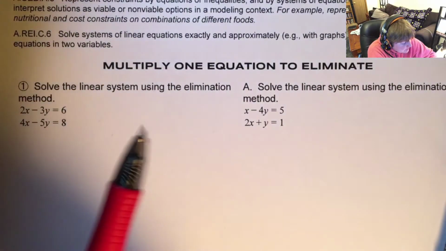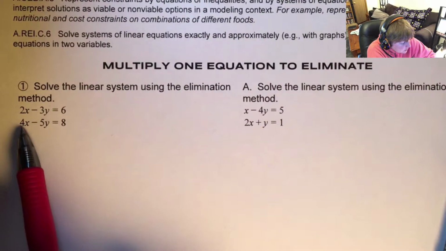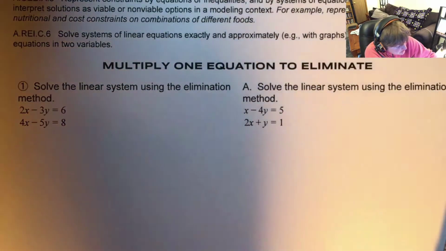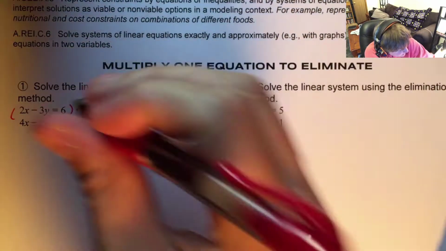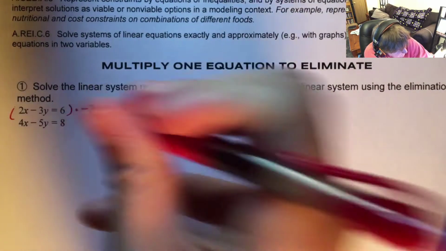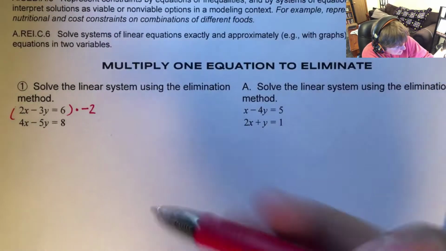So I want to create opposites in the x's. Can 2 multiply up to -4? Easily, the answer is yes. What do I have to multiply that 2 by? I would have to multiply by -2. So I'm going to take that entire top equation and scale it up by multiplying it by -2, because everything stays in balance if I multiply both sides by the same value, -2.